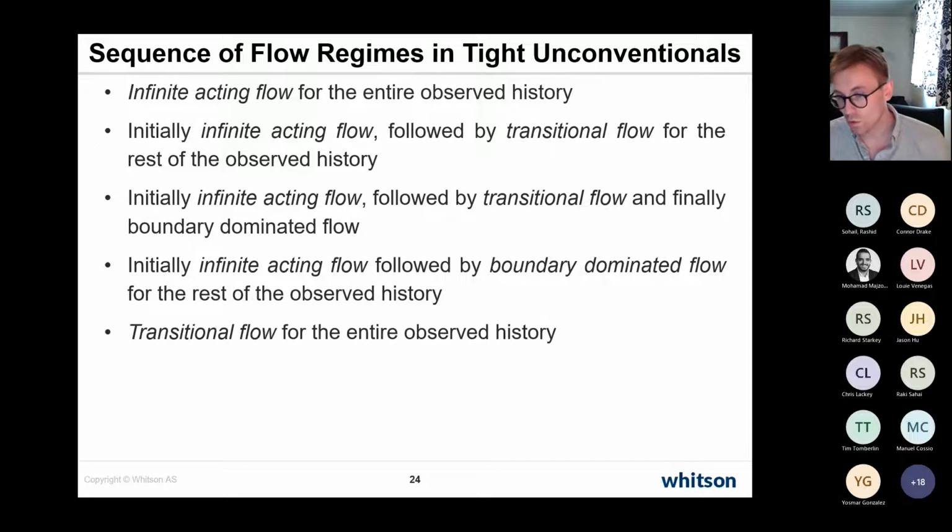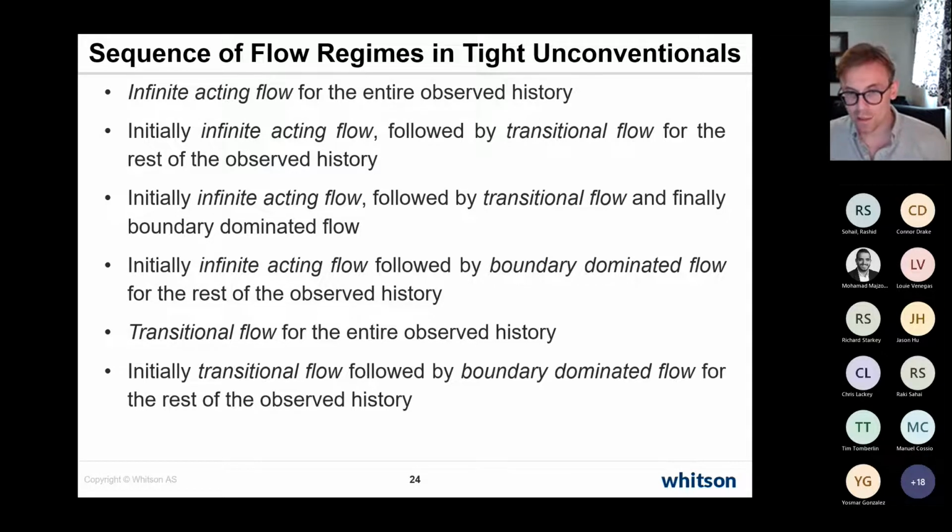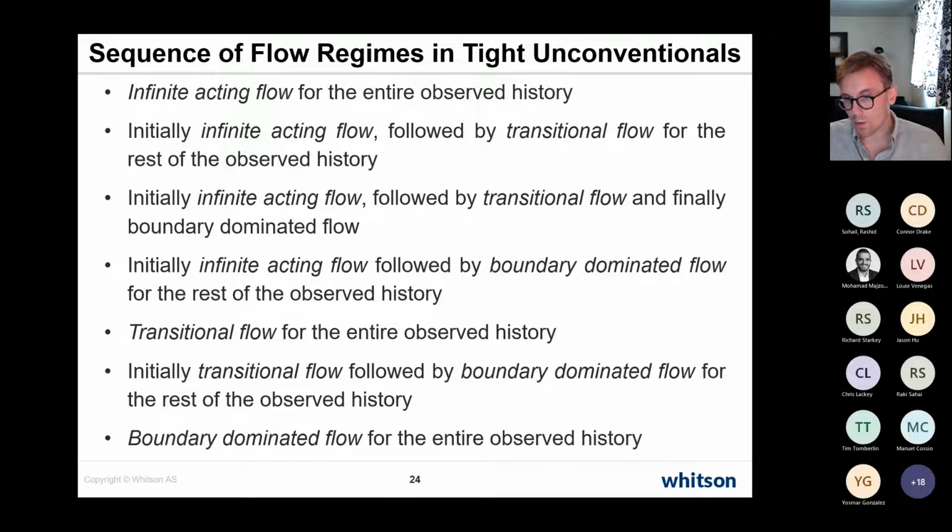Or you can have transitional flow for the entire observed history. You haven't seen any boundaries or the final boundary yet. Or the second to last one is, you're skipping infinite acting flow. You straight away see some boundary effects from day 1, and then it's followed by boundary dominated flow in the end. Or you actually are in full boundary dominated flow if you have a very modern completion, tight well spacing, very tight cluster spacing, a little bit higher perm regions.